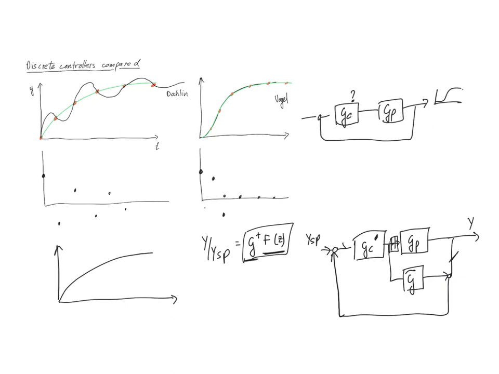And so for the case of the discrete IMC, everything within this box is actually going to be discrete. We'll have a discrete controller, we'll have a discrete model, we'll have the analog version of the system over there, and we'll have a hold element to connect the controller to the system, and we'll have a sampler to connect the real system with all of the rest of this discrete system.